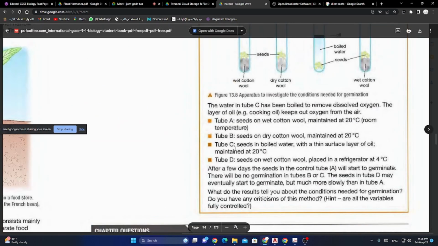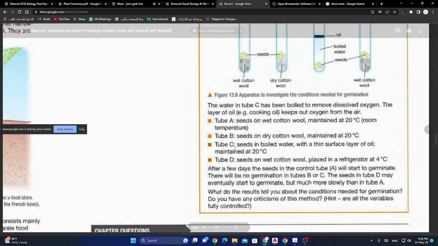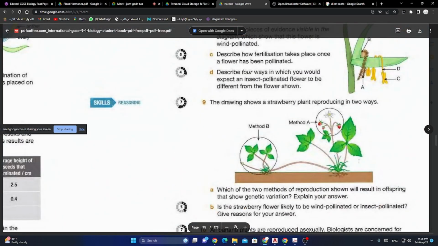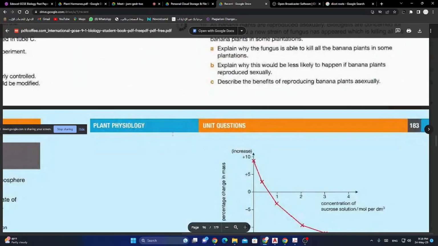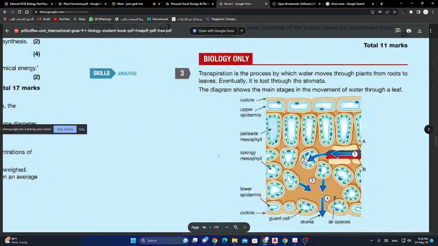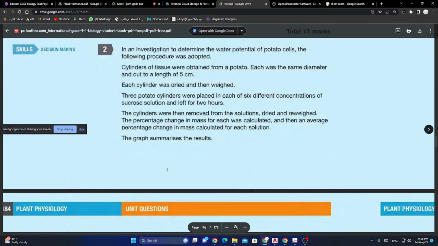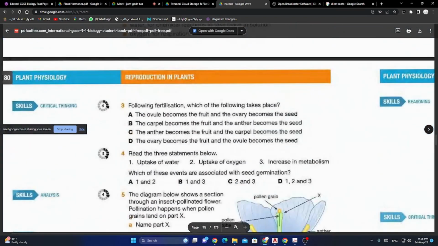Do you understand everything here? Can we move on to the past papers then? Okay. Right now, we've basically finished the chapters that are coming in your exam. When is your exam again?